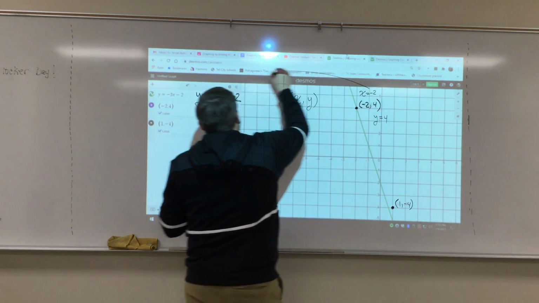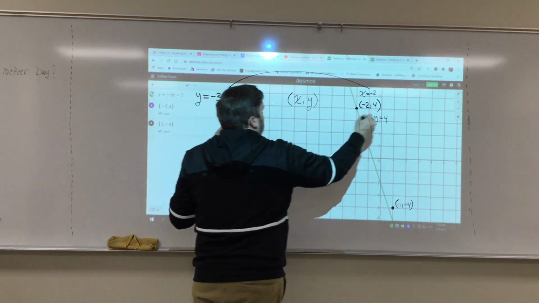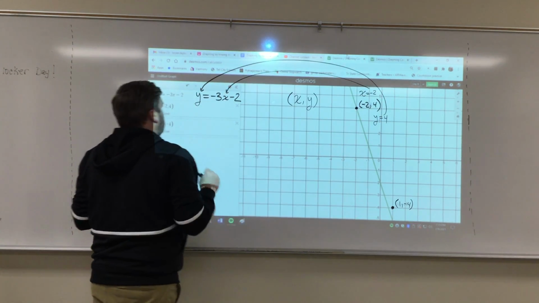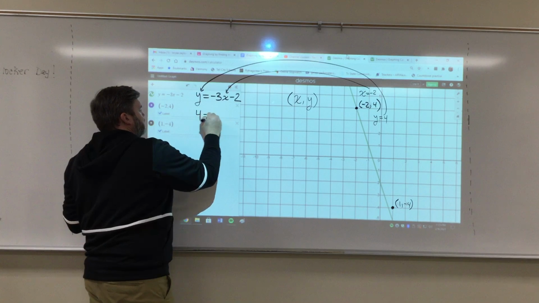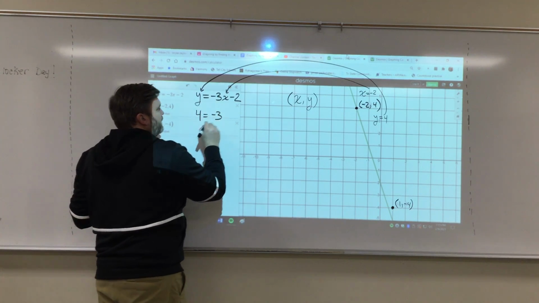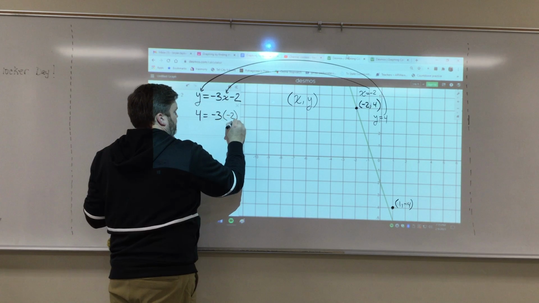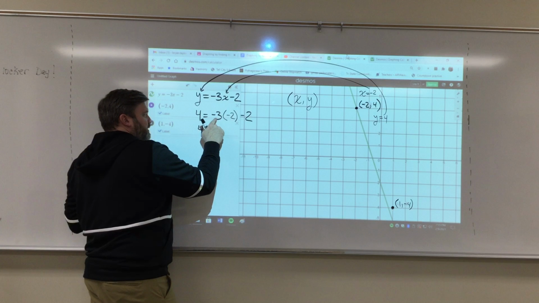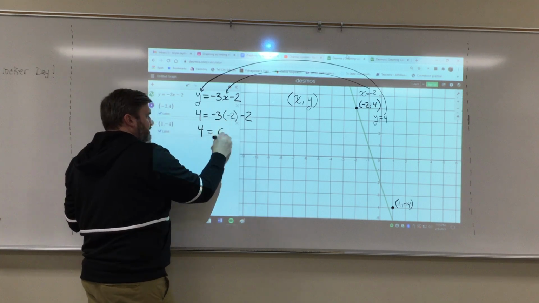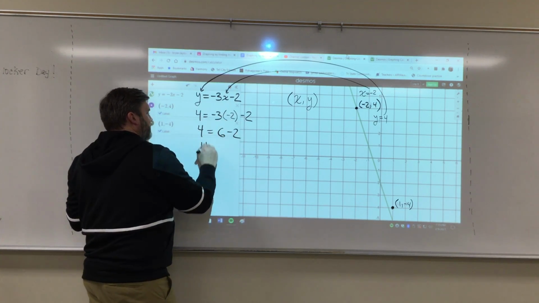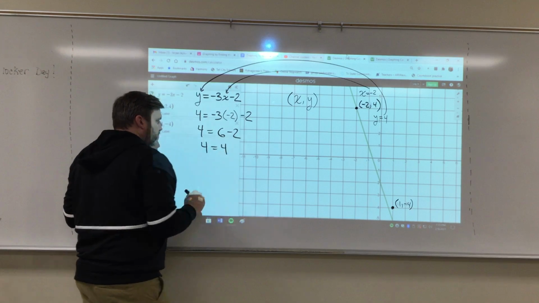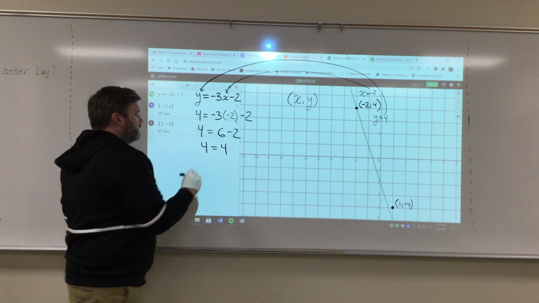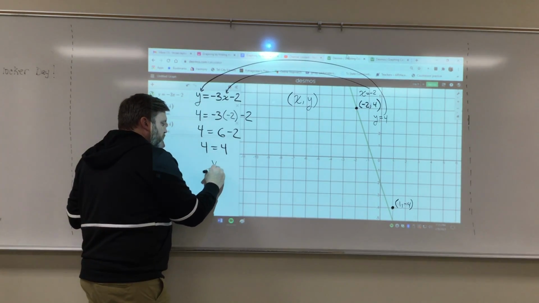So I get 4 equals negative 3 times negative 2 minus 2. Negative times a negative is a positive, so I get 4 equals 4. True statement, that means yes, this point is on the line.